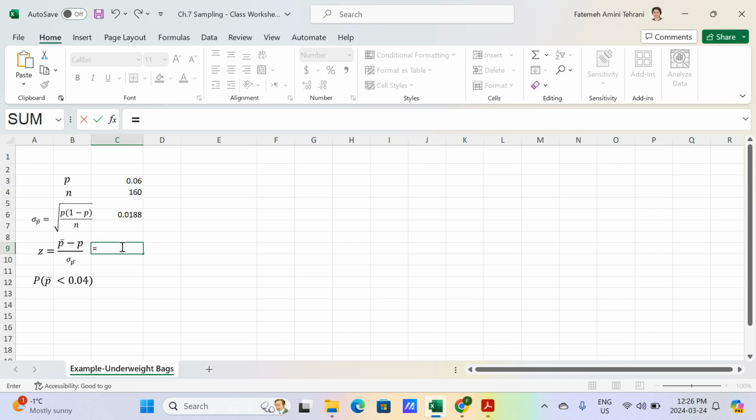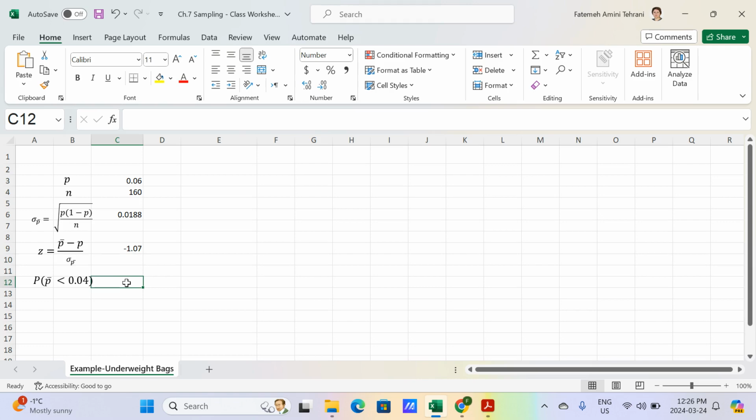Okay, so now let's find Z value of P bar. P bar is 0.04 minus P 0.06 divided by sigma P bar, this square root. Look at here, Z is minus 1.07. Now it's the probability I'm looking for.